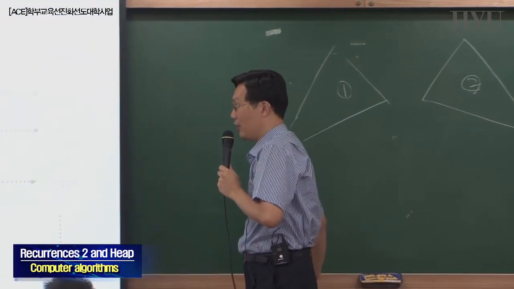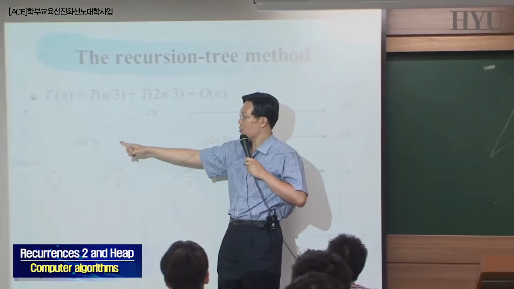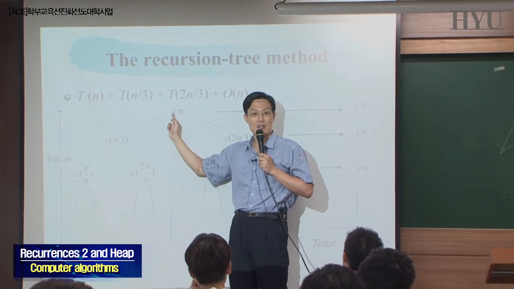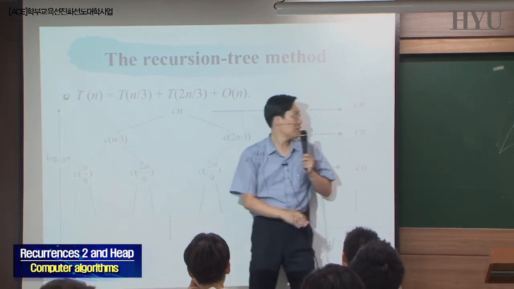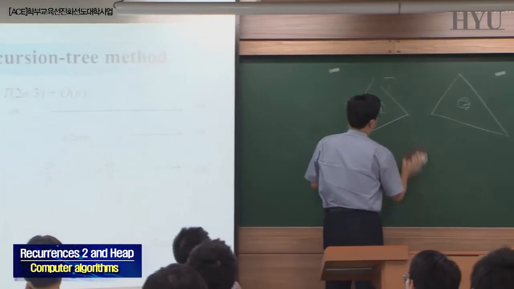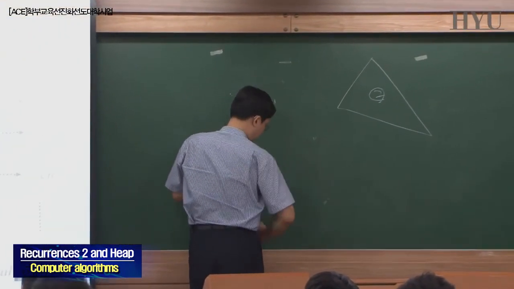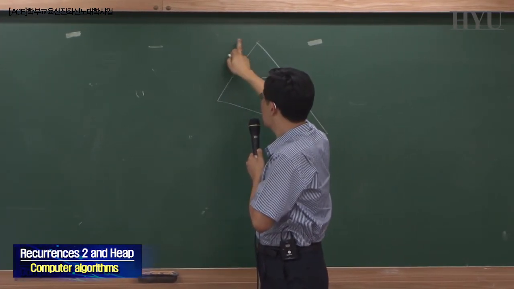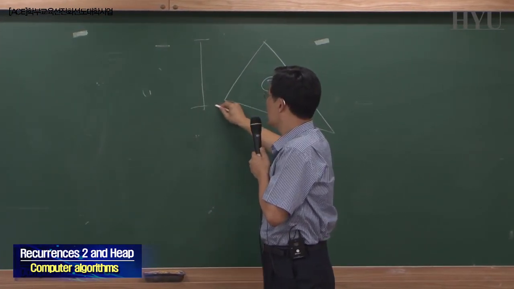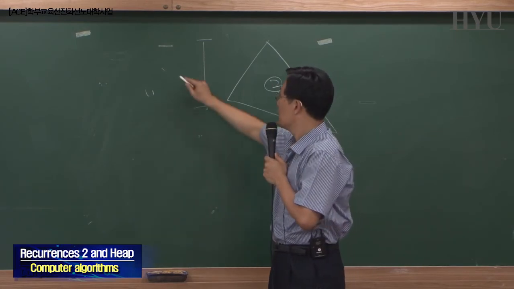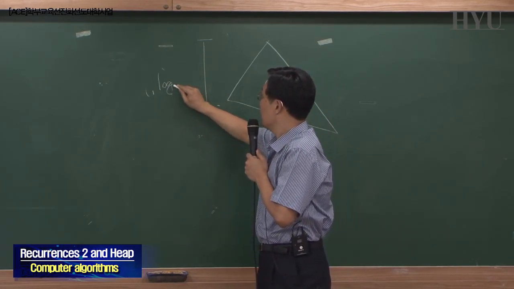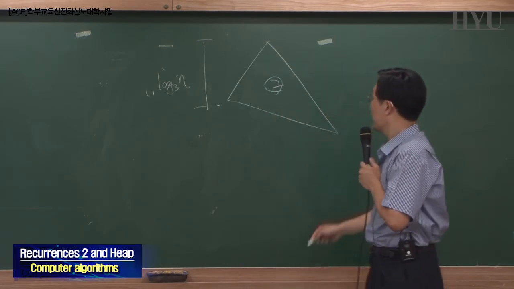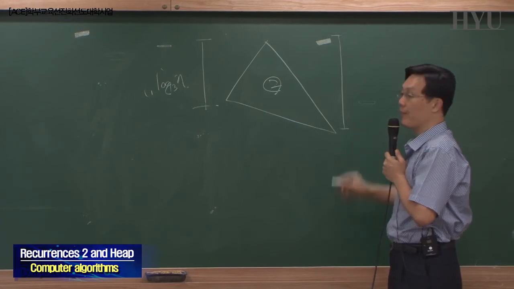Look at the value here. This is 1/3 of this. So the depth of the leftmost vertex is log n base 3. And how about this?